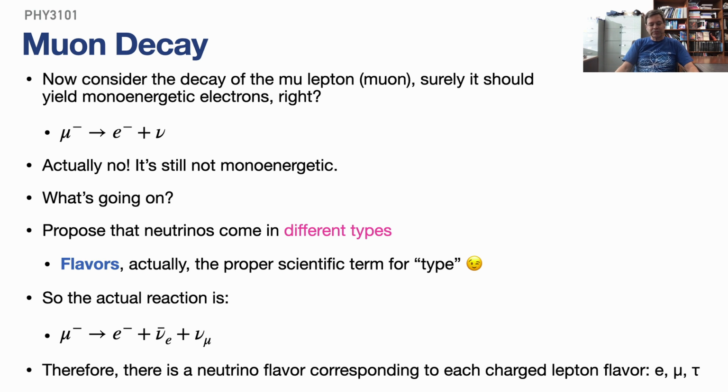And even more so, there's a neutrino flavor type corresponding to each charged lepton flavor. So there's one for the electron type, the muon type, and, we didn't discuss it here, but there's a heavier charged lepton called the tau lepton, and it has a neutrino type as well. A little bit complicated, but let's see how we can put this all together into a conservation law.